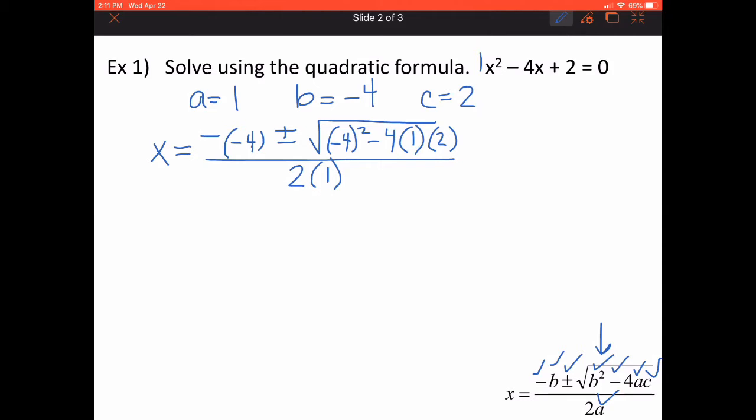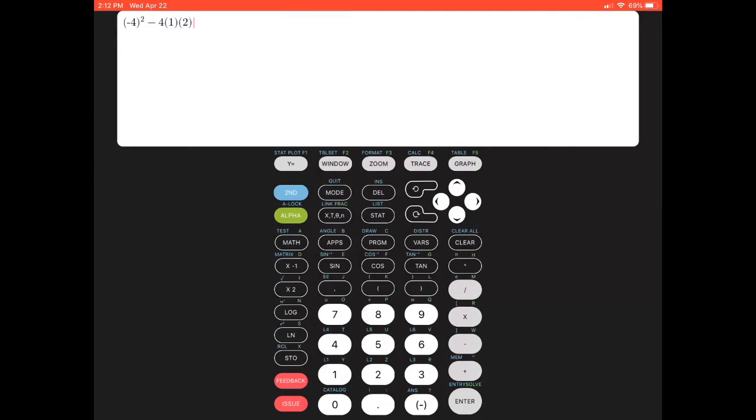Now we start to do our calculations, and when I do my calculations I like to do what's under the square root first. So I take all of this under the square root, which is negative 4 in parentheses squared minus 4 times 1 times 2, and I put that into my calculator. And I get 8.